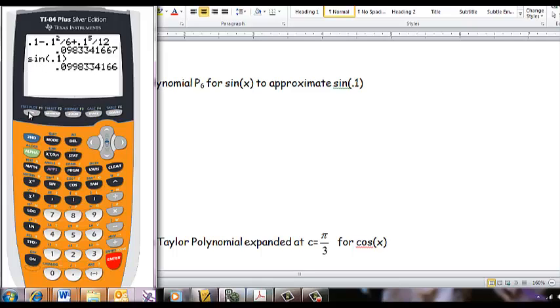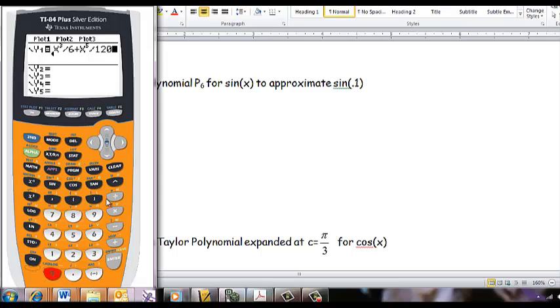Another thing we can do is we can actually graph this and take a look at it versus the two functions. So in my y equals, I'm going to be putting in my actual Taylor polynomial, which was x minus, and then we had x to the third, divided by 3 factorial, which was 6, and plus x to the fifth, divided by 5 factorial, which is 120.